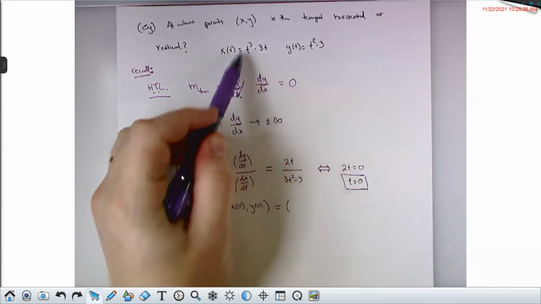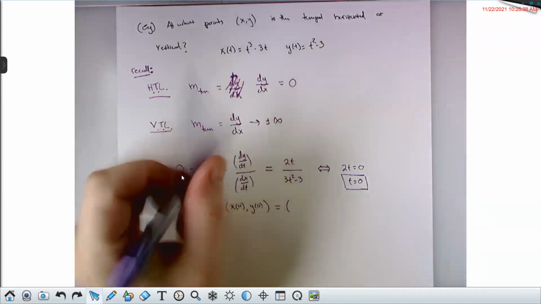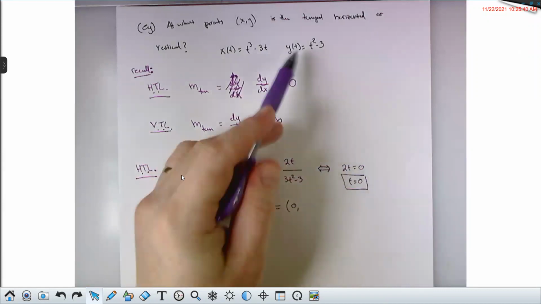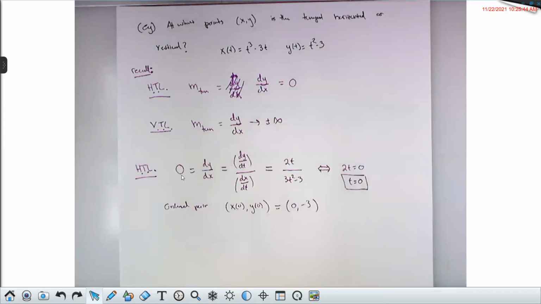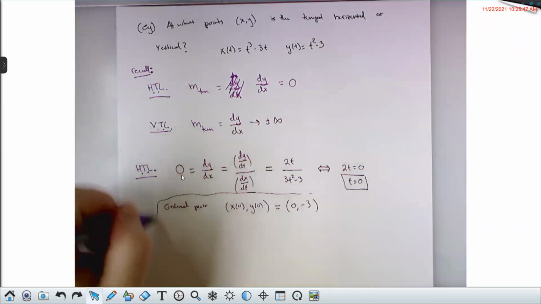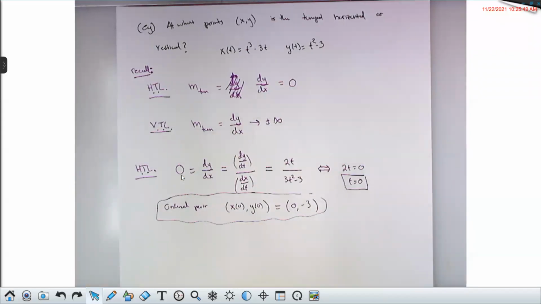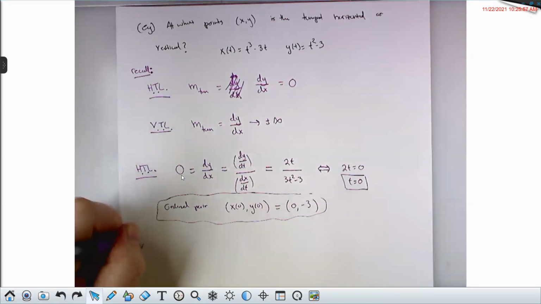If I plug 0 into the x equation, I get 0. If I plug 0 into the y equation, I get -3. So that is the answer for my horizontal tangent. One such point, and it is the ordered pair 0 comma -3.